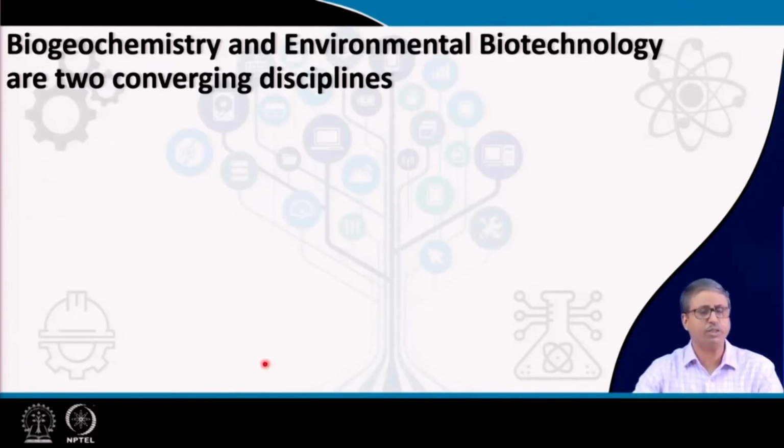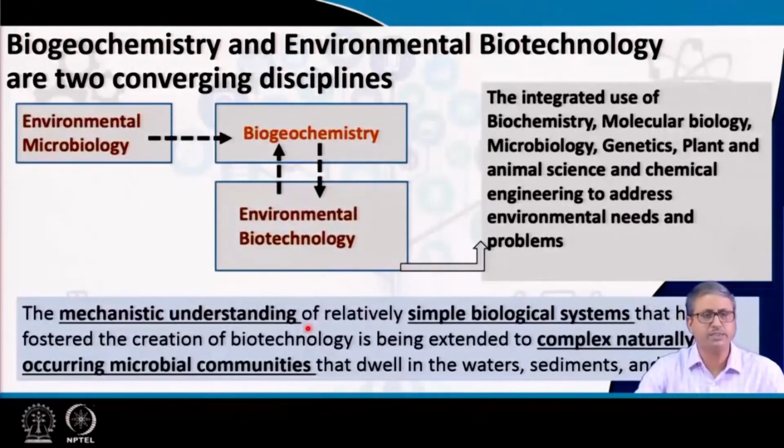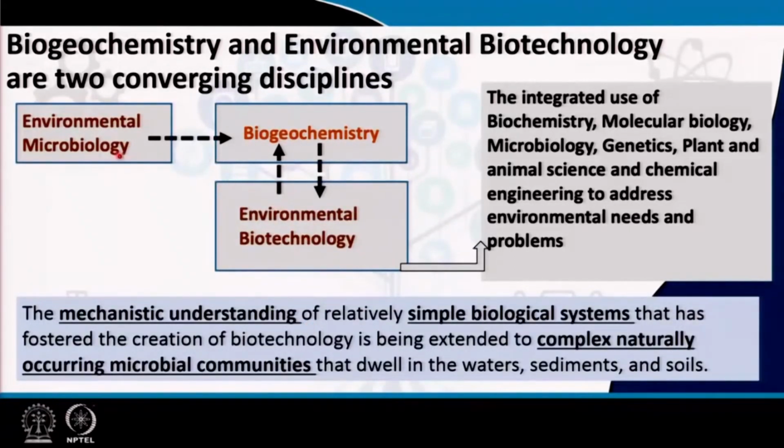Now, biogeochemistry, this particular field, and environmental biotechnology are actually two converging disciplines. Why is it said that these two are converging disciplines? Because environmental microbiology is connected to biogeochemistry, and biogeochemical details are an intricate part of environmental biotechnology.